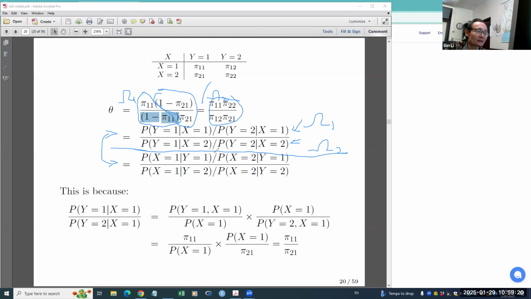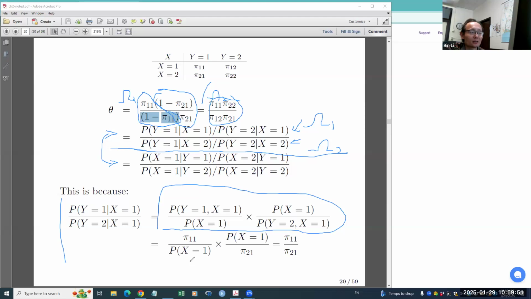Why, you may ask, are these equivalent? I'll just show you the proof. So the probability of y equals 1 given x is 1 over y equals 2 given x is 1 equals this. And this is based on the Bayes theorem.